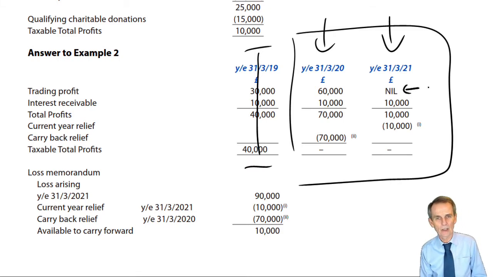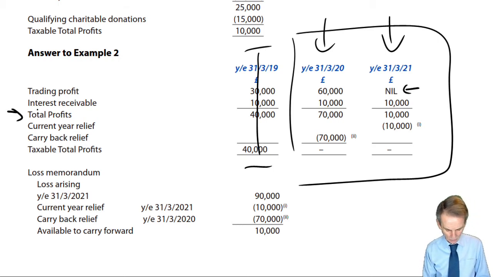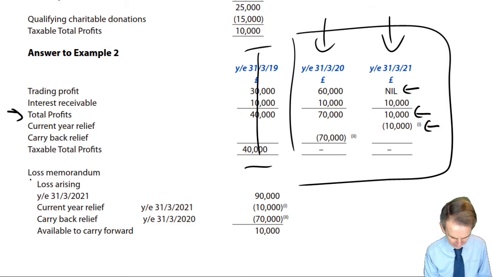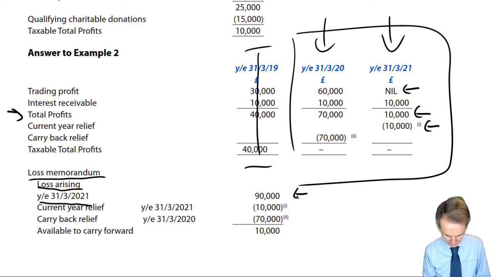Pick up the figures from the question, copy them in from the question to your answer to get, firstly, total profits there for each of the current period, 10. That is the first claim, £10,000. That is recorded in your loss memorandum. Loss memorandum here, where the loss arising for the year ended March 21 was 90,000.